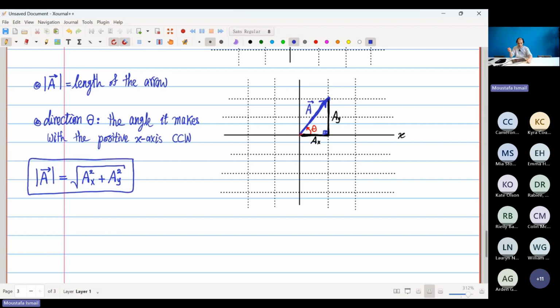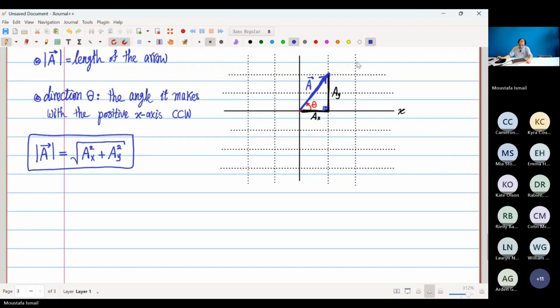You just get the two components of the vector, and then you square them, add them, and take the square root. For the angle, we have the tangent: tan theta is opposite over adjacent, which is equal to ay divided by ax.